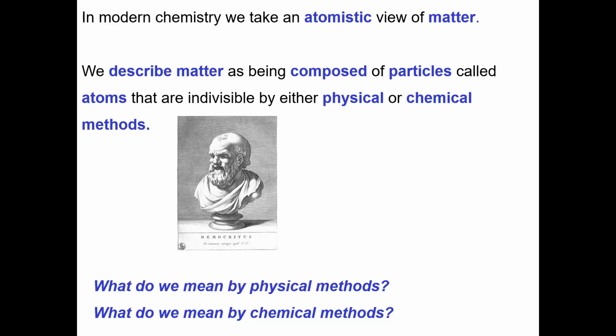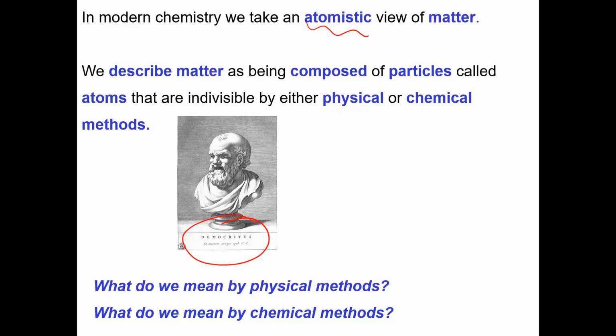Okay, so to understand the different classifications of matter, we need to review what is called the atomic theory of matter. So in modern chemistry, we take an atomistic view of matter. And the first written record of this idea, as far as we know, was written down by a guy called Democritus, sort of 3,000-ish years ago.